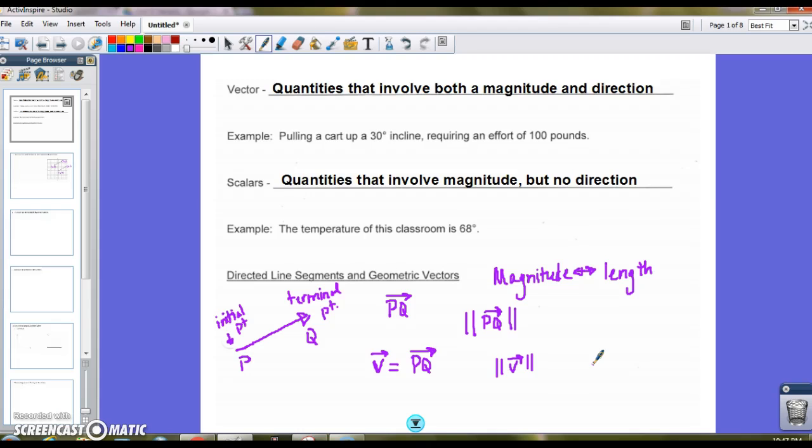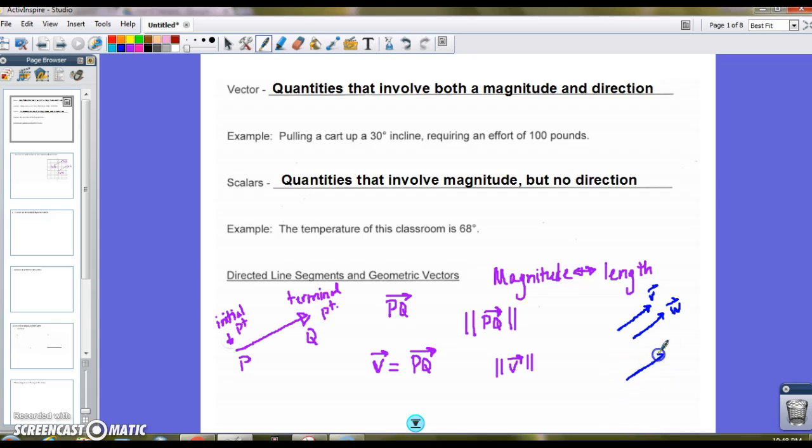For example, these 2 vectors would be equal. I'll call this v and I'll call that w. Those are equal. They have the same magnitude and same direction.